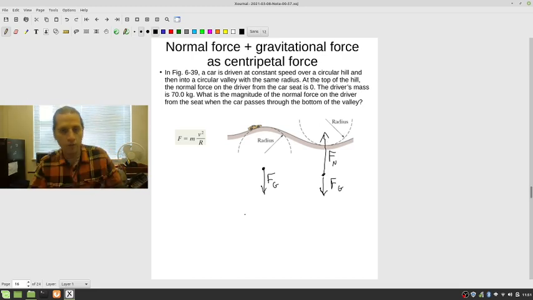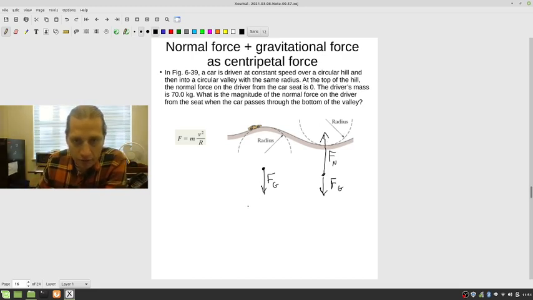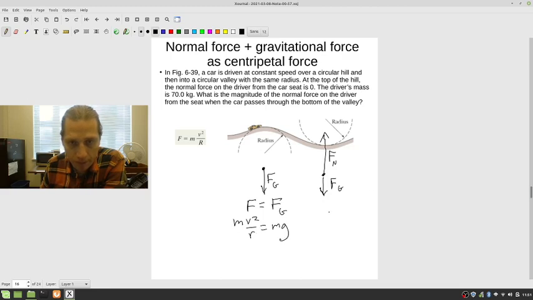But if we say F equals Fg, which would be your mv squared over r, that is just going to be your mg. In this other case, you have F net equals the normal force minus the gravitational force.